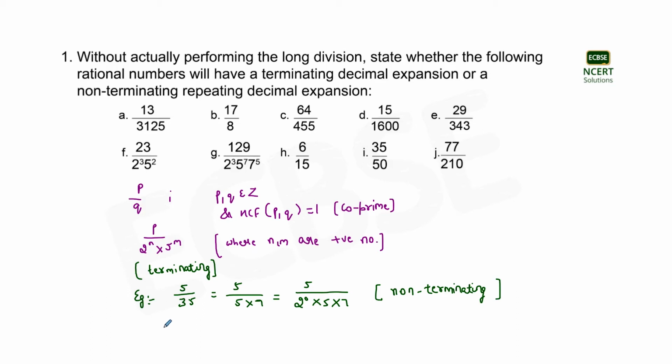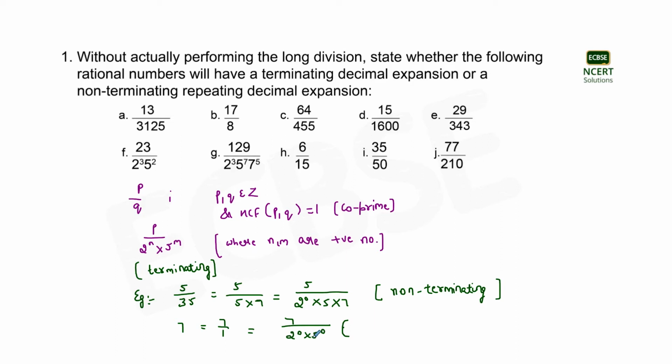Now let us take another example. Let us take the integer 7. The integer 7 can also be written as 7 by 1, meaning 1 is in the denominator, which doesn't make any difference. And the number 1 can also be written as 2 raised to power 0 into 5 raised to power 0, as 2 raised to power 0 is equal to 1 and 5 raised to power 0 is also equal to 1, so 1 into 1 is 1. This results in the number 7.